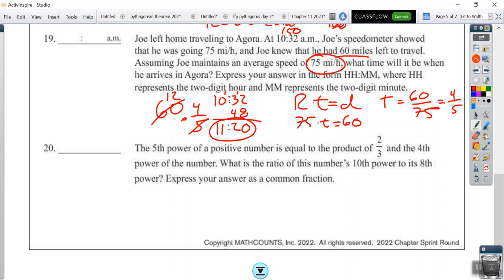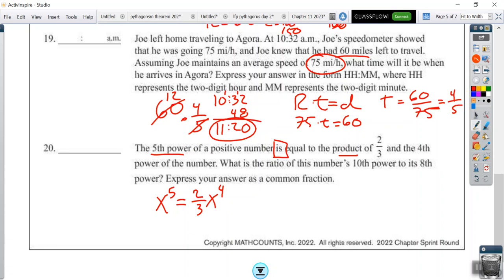All right, so we know that the fifth power of a number, so let's say it was x, so the fifth power of x is a math term. That means equals to the product, that's multiply. So multiplying 2/3 times x to the 4th. Oh!